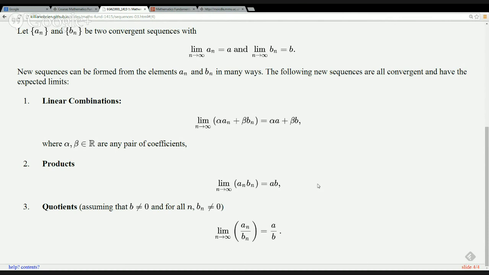So overall, I've got minus ab. Just push it to the other side, and we get exactly the conclusion that we're after. The limit of a_n times b_n is equal to ab. That's exactly the result we were trying to prove. That's the general form of the product rule.